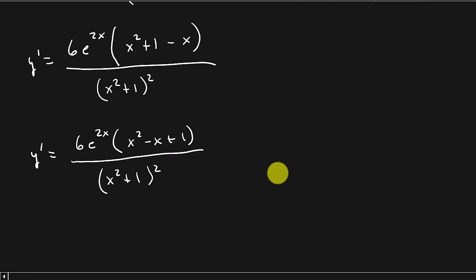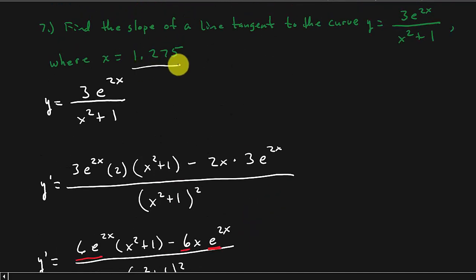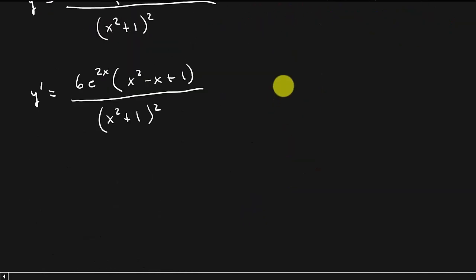And then what did they want us to do? They wanted us to evaluate it when x is 1.275.